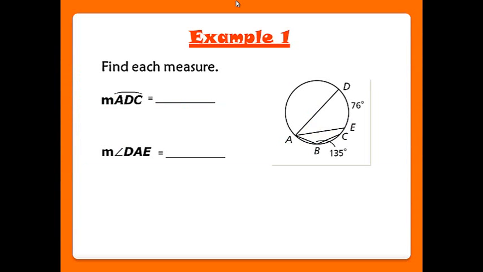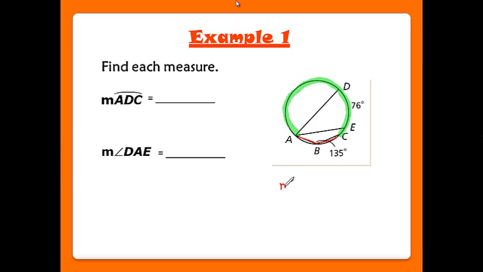Let's use the inscribed angle theorem to work example 1. First, we're asked to find the arc ADC. So that would be this major arc. And I see that is the intercepted arc of angle ADC, and they give you the measure of that angle.